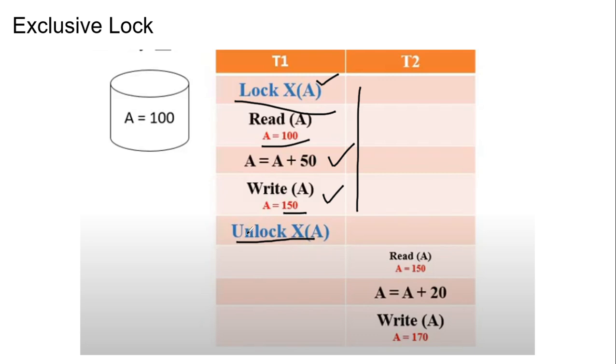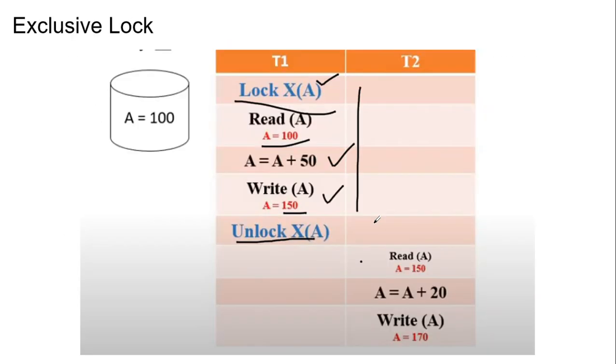If the unlock is not happening, other transactions won't be able to do read and write operations. When A got unlocked, T2 can perform read and write operations, but only when the unlock operation has been performed. If the data A is not unlocked, other transactions won't be able to read or manipulate the data.